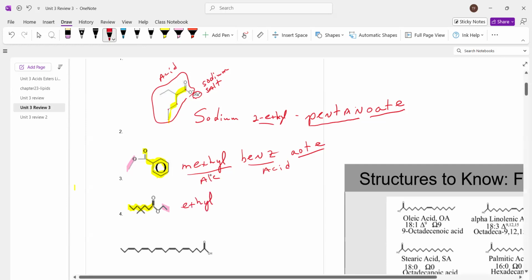And this is a 1, 2, 3, 4, 5, 6, 7. So it's based on heptanoic acid. And we've got a branch on 1, 2, 3, 4. So it's going to be 4,4-dimethyl heptanoate.